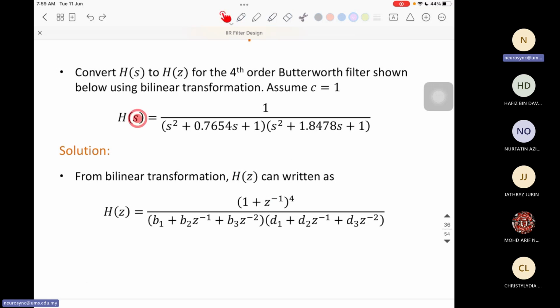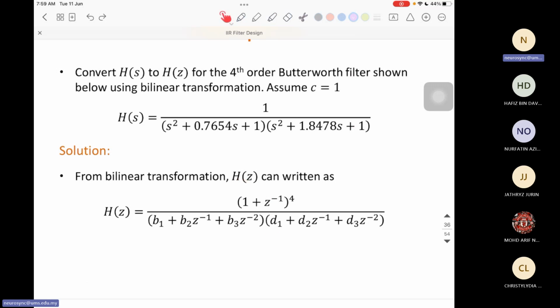In the problem statement, it is given: convert this H(s) into H(z) for the fourth order Butterworth filter shown below using bilinear transformation and assume c equal to 1. Okay, it is already given the value of c equal to 1.